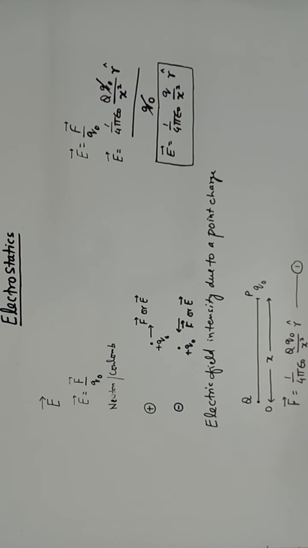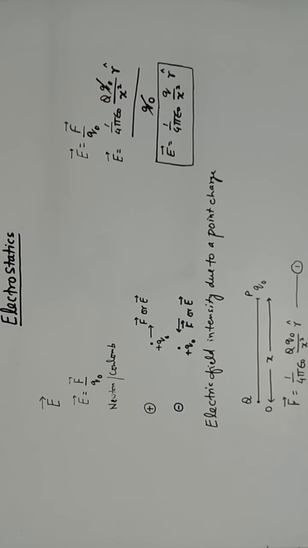Next topic is electric field intensity due to a group of charges. The electric field intensity at any point due to a group of point charges is equal to the vector sum of the electric field intensity due to individual charges at the same point.